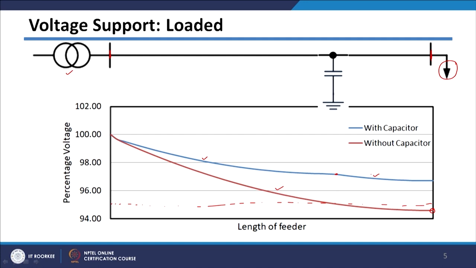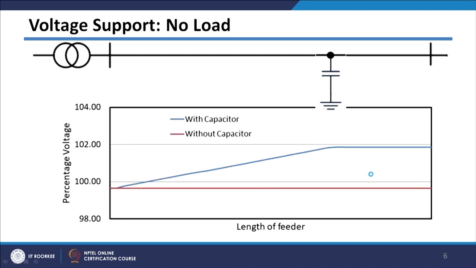However, this is the case when the feeder is loaded. If the feeder is unloaded, meaning there is no load, and there is no capacitor, then the voltage profile will be flat, meaning whatever voltage is at this end, the same voltage will appear at this end. But when the capacitor is there, it will draw some power from here, and basically this is leading reactive power, and because of that the voltage till this point will rise to this point.